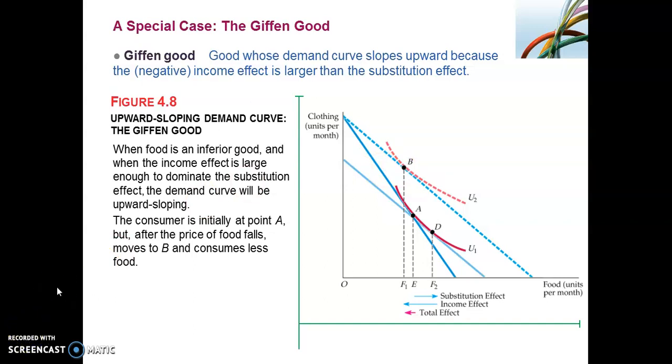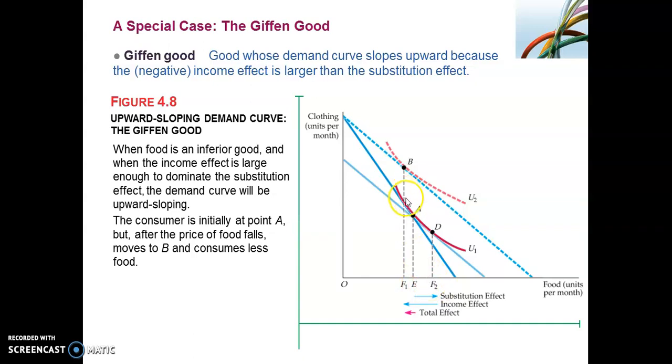Now we can again break down these effects into our substitution and income effects. Now the substitution effect, we will see, always moves in the same direction when the price of a good falls. It will move in the direction of that price that has fallen. So this movement from A to D, or from E to F2, represents your substitution effect.